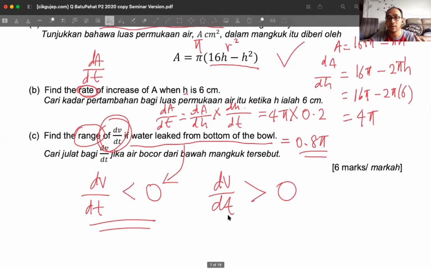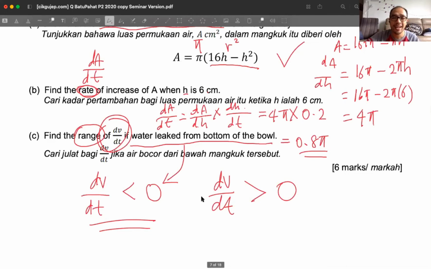So maybe this question comes out in your SPM this year. At least you can get this 1 mark, right?